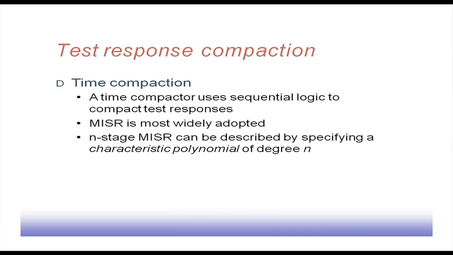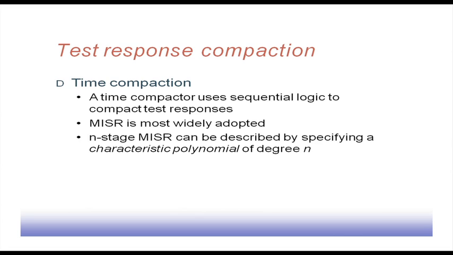The most widely used structure is the MISR. The MISR can continually receive the responses, and they can be combined into one value. We know that a MISR's structure is represented by a polynomial, and the inputs are being fed.